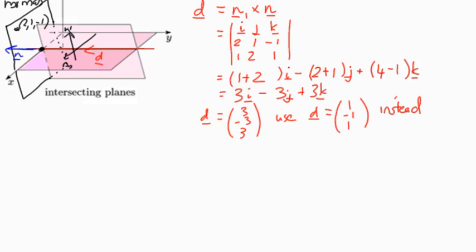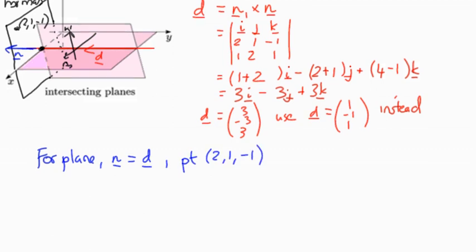So we've actually got a direction vector of the line, so we can say here that for the plane, the normal vector is going to equal the direction vector of the line. So we've got our normal vector, and we've also got the point, which is 2, 1, negative 1.